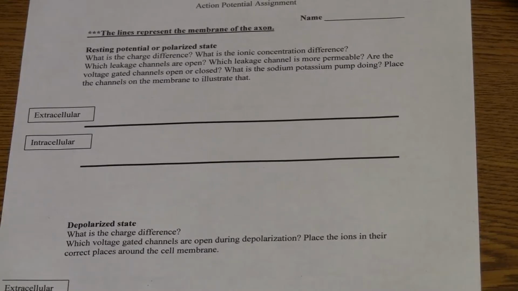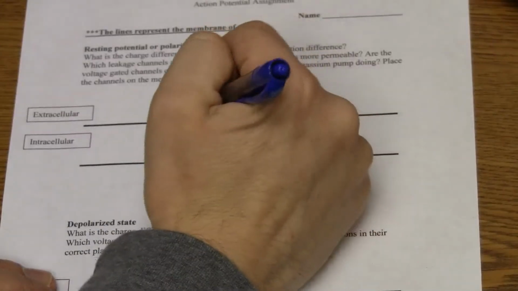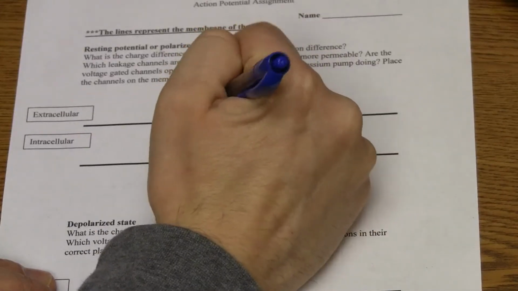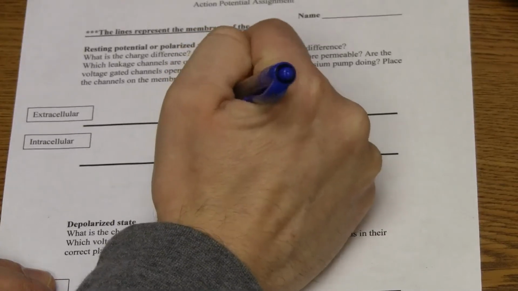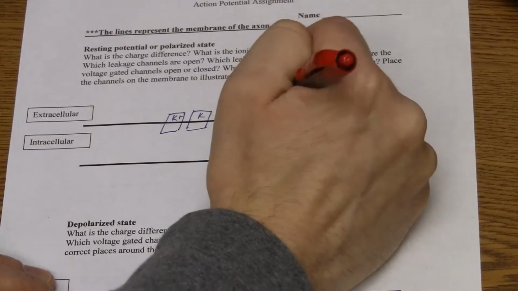So one of the things that we talked about in class is we have some leak channels on the cell membrane, and they're peppered all the way around, but we did talk about the fact that we have roughly 2 potassium leak channels to that of 1 sodium leak channel.